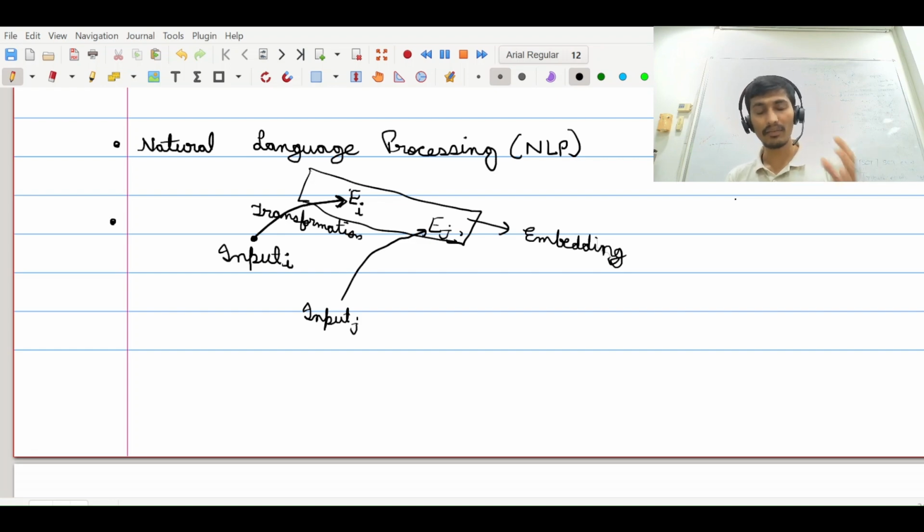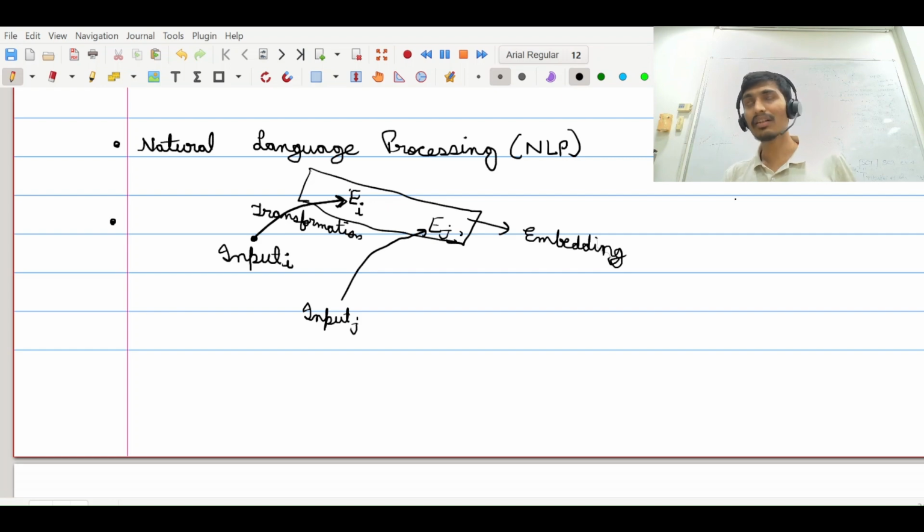For now, let's take it to be a vector. So the input is a vector, the embedding E I is a vector, and there is some transformation which maps one input vector to the embedding vector.